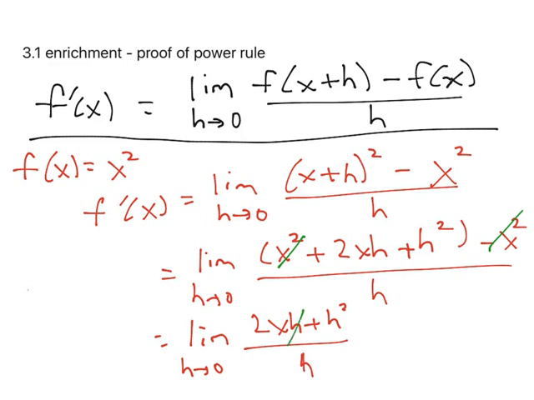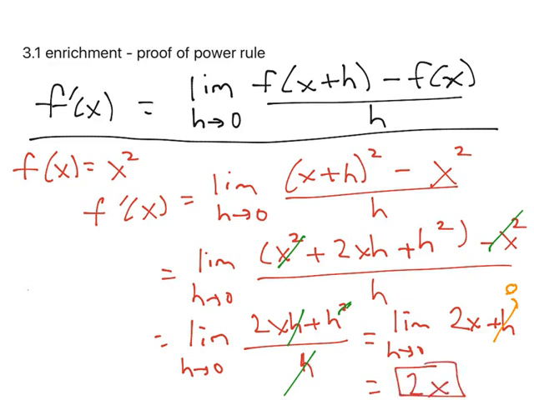The h terms cancel, and we have the limit as h goes to 0 of 2x plus h. Well, if h goes to 0, that means that this term goes to 0, and we end up with 2x. So that's why the derivative of x squared has to equal 2x.